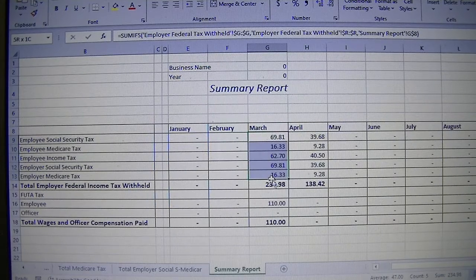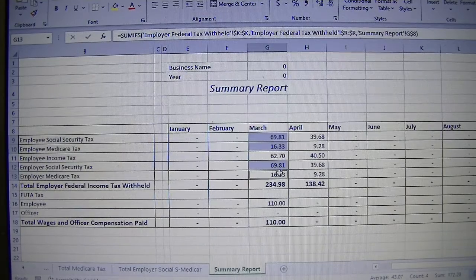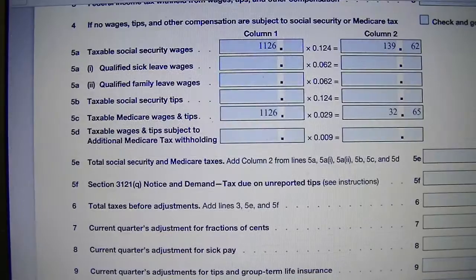Is going to be not all of that. Everything but the employee income tax, so it's going to be 172.28.